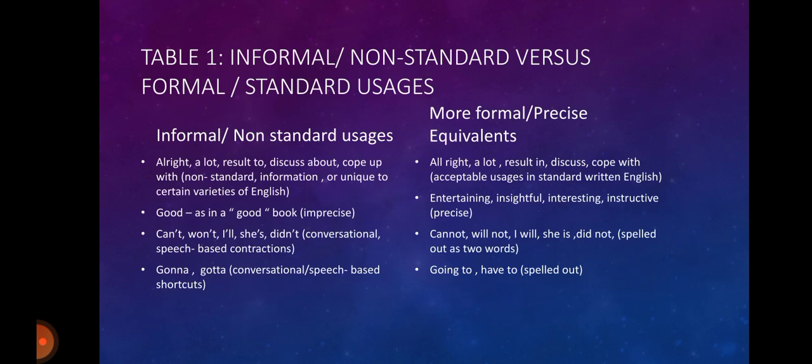Good, as in good book, is not precise. Can't, won't, I'm, just, didn't are conversational speech-based contractions. Gonna, gotta are conversational speech-based shortcuts. More formal or precise equivalents: all right, many, result in, discuss, cope with, acceptable usage in standard written English.